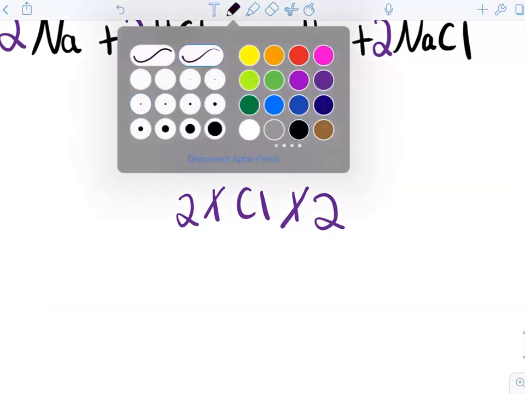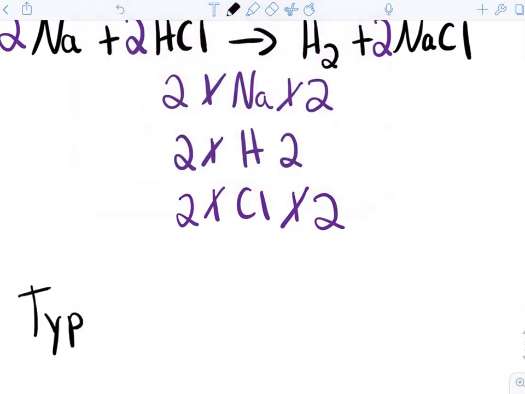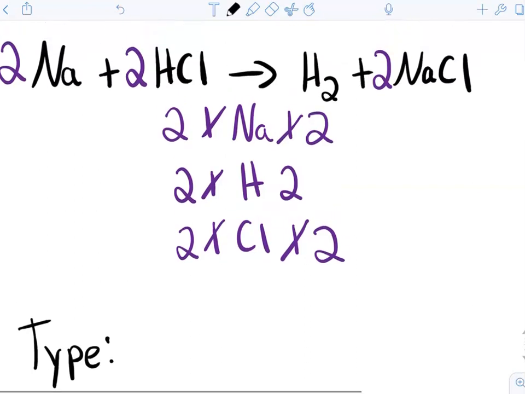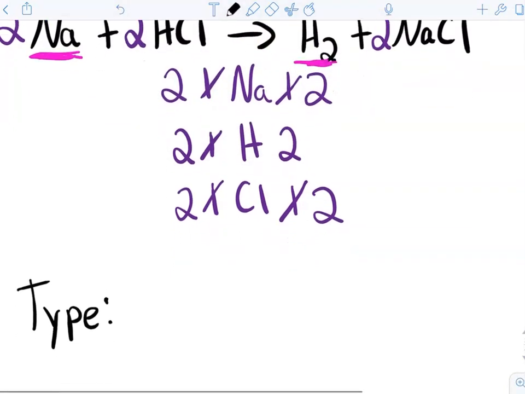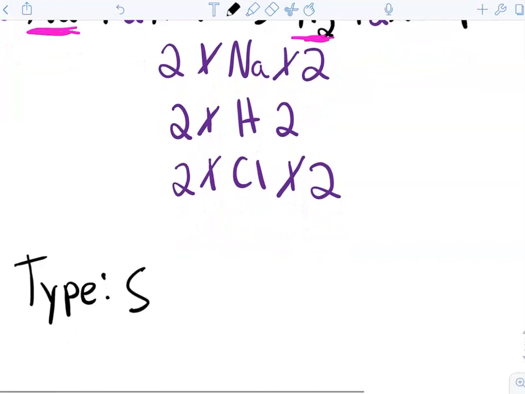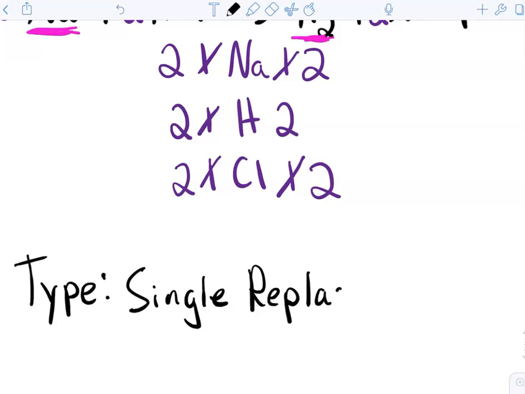So for this one, our type, if I look at this, I have one element by itself and one element by itself on both sides of my reaction. So this one is going to be a single replacement.